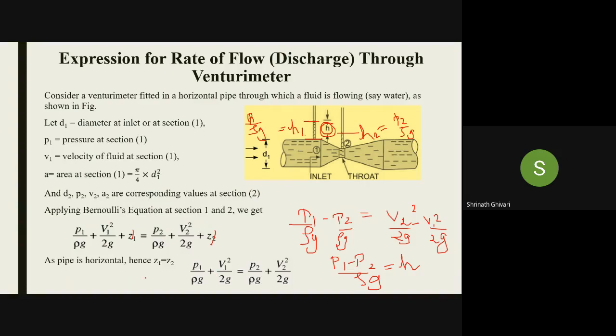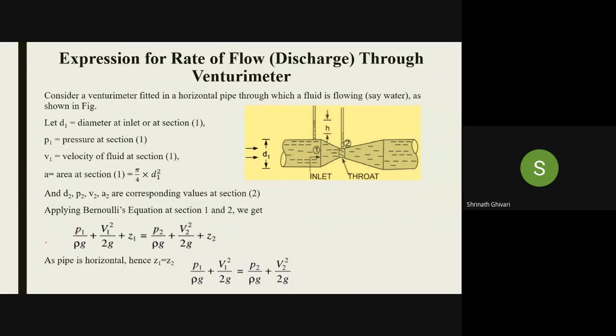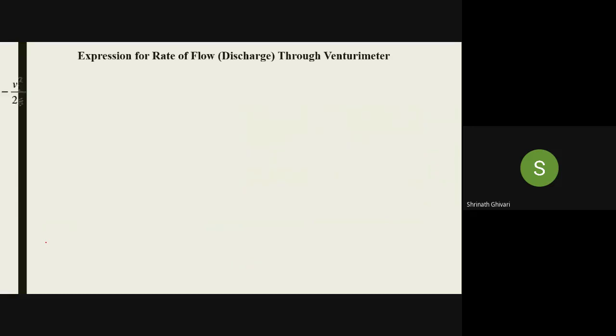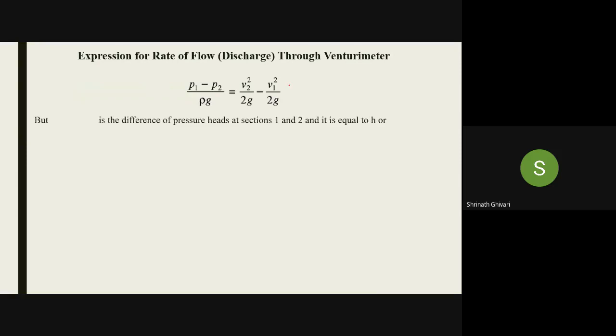Remember this point. There is one more term which is going to come now in the problems, and you already solved it in the previous problems of Bernoulli's equation. So now P1 minus P2 by rho g equals V2 square by 2g minus V1 square by 2g. But this P1 minus P2 by rho g is the difference of pressure heads at sections 1 and 2, which is equal to H, as I told you in the previous slide.